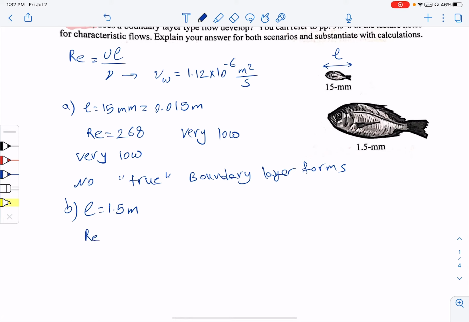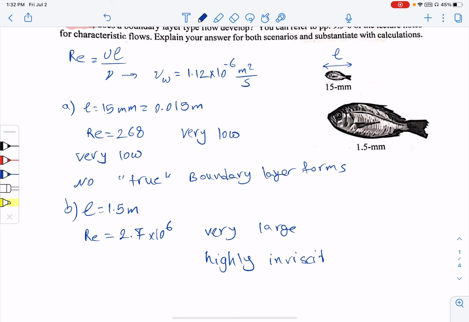When we calculate that, the Reynolds number is going to be 2.7 times 10 to the 6. So it is a very large Reynolds number, which means that we have a highly inviscid flow.